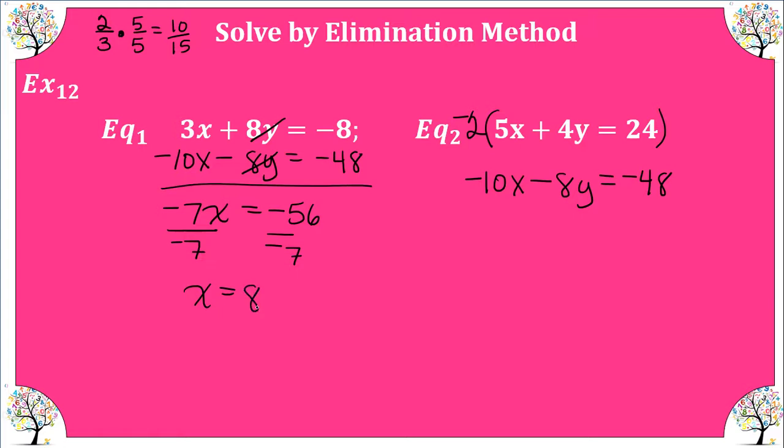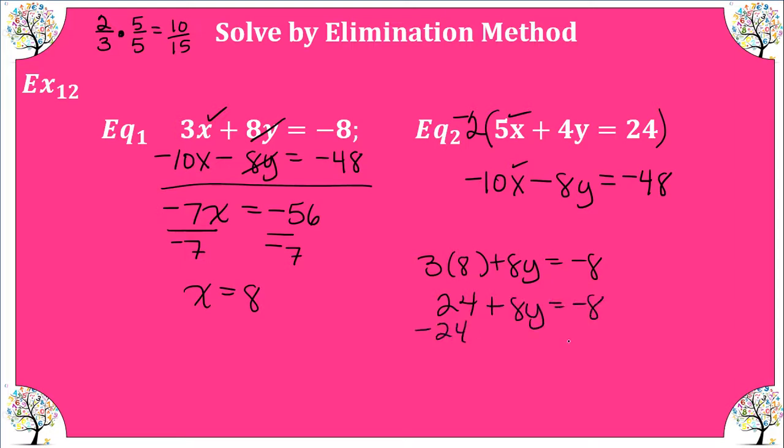Now I can take this x value of 8 and plug it into this equation, or even this equation. I'm just going to plug it into equation 1. So right here, I'm going to substitute x with 8. Three times 8 is 24, plus 8y equals negative 8.